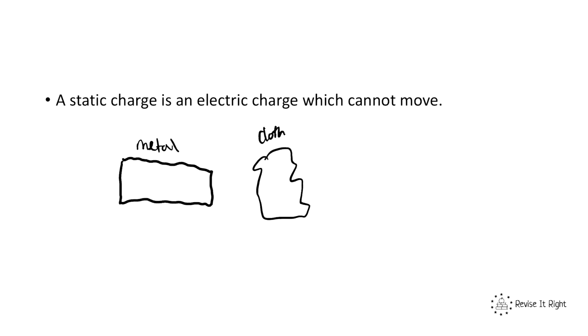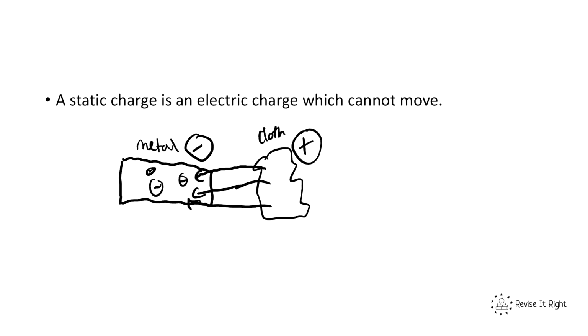Let's say the electrons are scraped off the cloth and onto the metal. Because the cloth has lost electrons, it has lost negative charge, so it is now positively charged. Because the metal has gained electrons, it is now negatively charged. The cloth has a positive static charge, and the metal has a negative static charge.